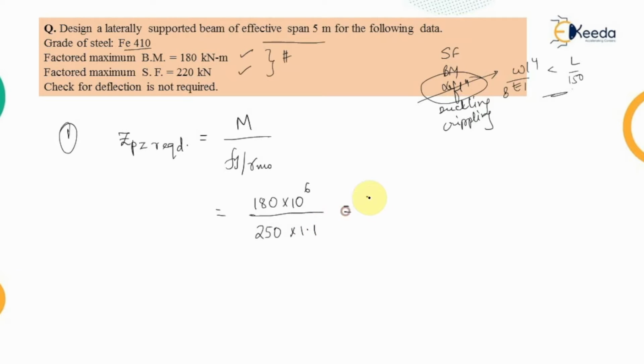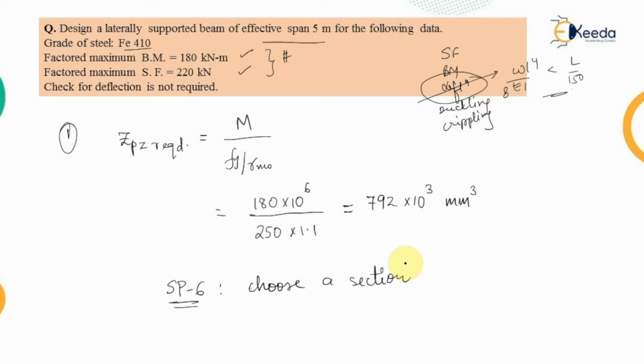So from here if we calculate this value Zpz, it comes out to be 792 into 10 raised to the power 3 cubic millimeter. Now from the special publication number 6, known as SP6, we will choose a readily available section that will have the required section modulus.